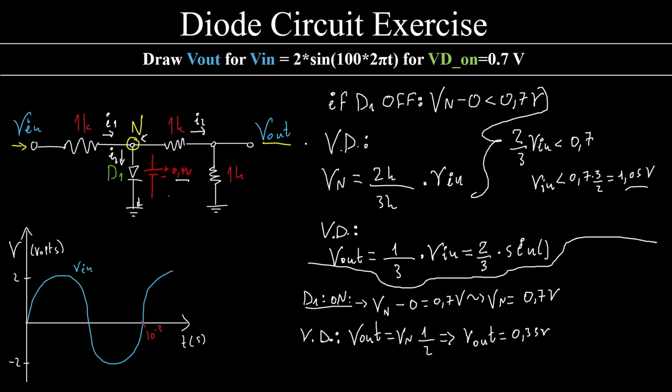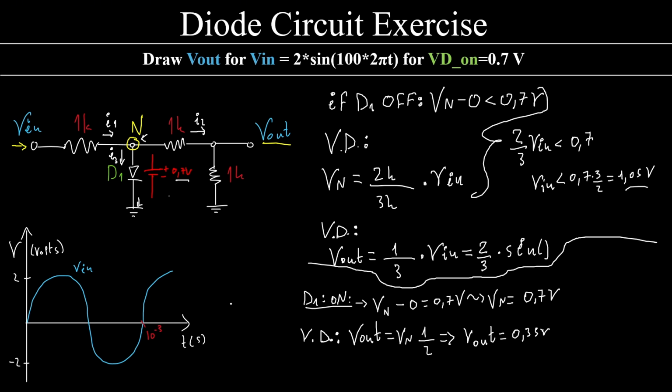We see that it doesn't depend on the input voltage, and we also understood why. Since this current is always going to be constant, this voltage divider is always going to give us the same value, since the voltage at this point, Vn, is going to be always 0.7 volts, since the diode is going to be on, since the voltage at the input is going to be higher than 1.05.